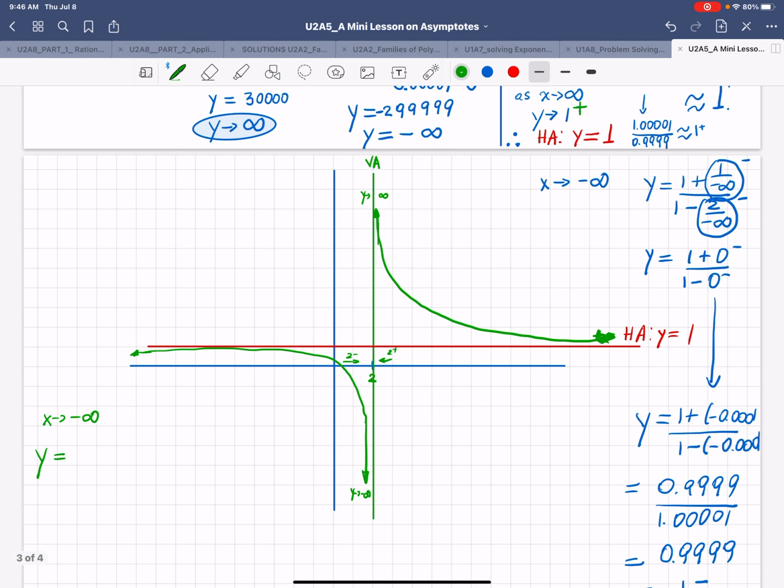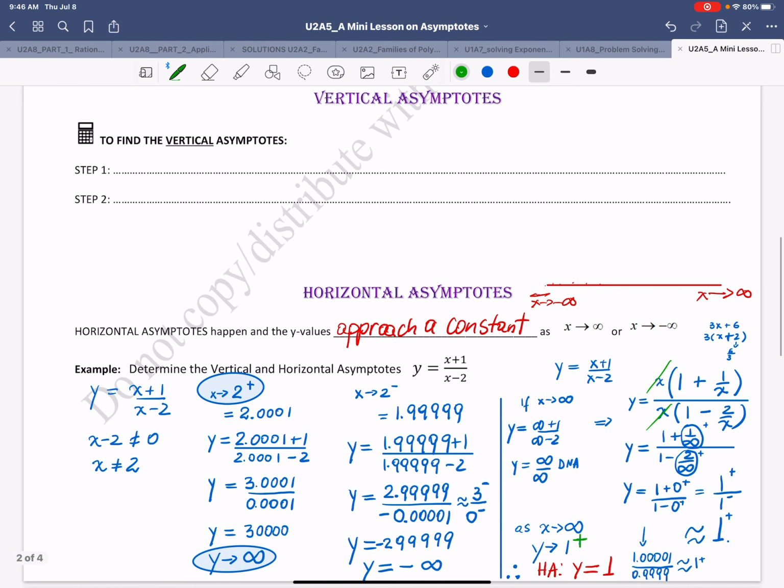So this is how we find horizontal and vertical asymptotes. There are other easier ways that we'll explore together in the coming lessons. I will clarify one more time how to find vertical asymptotes now, the easy way. Step number 1, we have to factor the denominator.